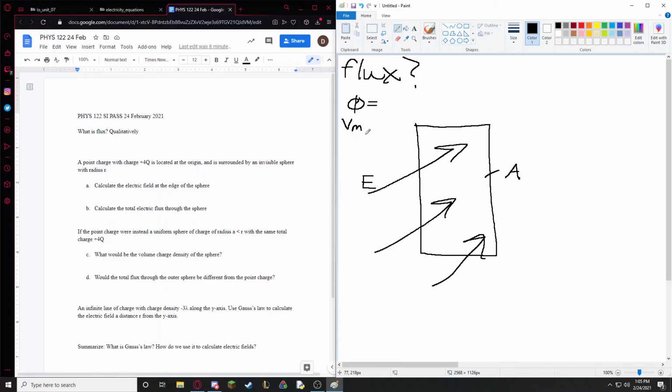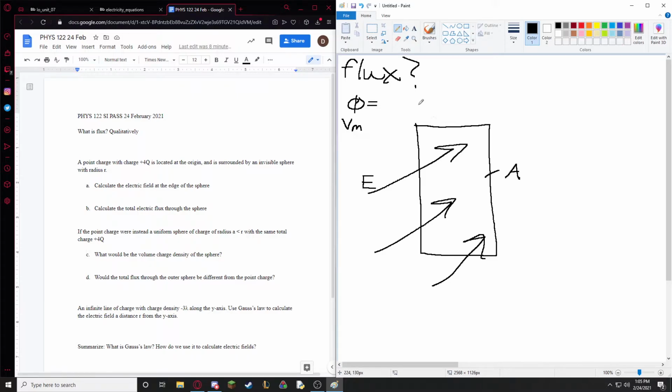Newton meters squared over coulombs. Do you know what that would be in terms of volts? Not sure. The electric field in terms of volts is going to be volts per meter, I believe.